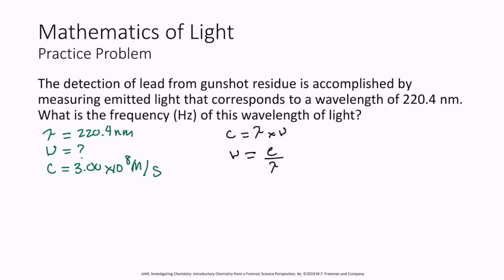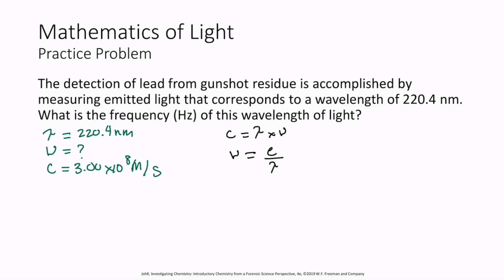Now, one of the things I notice next is my lambda is in nanometers and my speed of light is in meters. Those are not going to cancel each other out when we put them in our equation. So I have to convert wavelength into meters before I can calculate this.